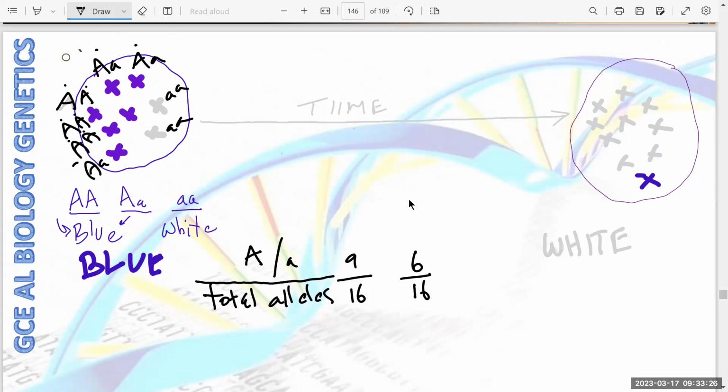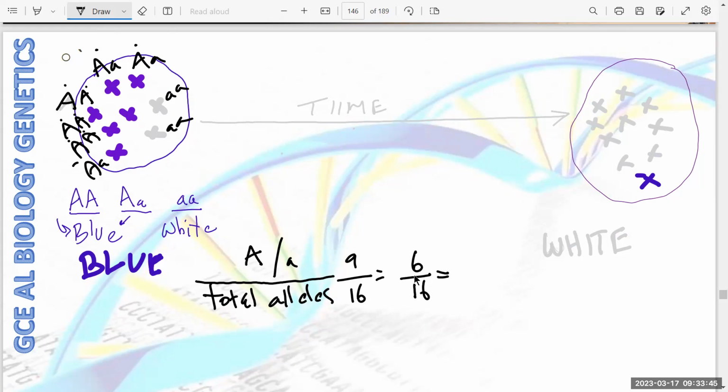Now if we write like this, total alleles, and over it how many capital A or small a, we can simplify this: 9 divided by 16 and 6 divided by 16, right?